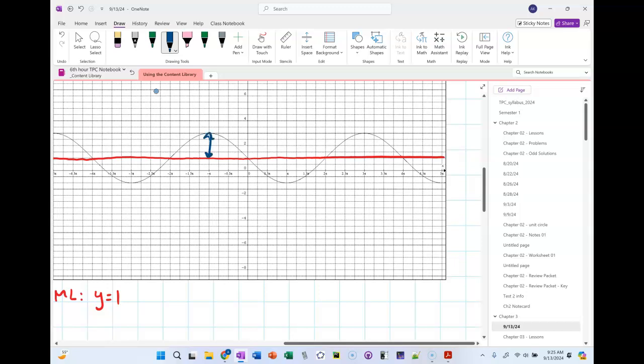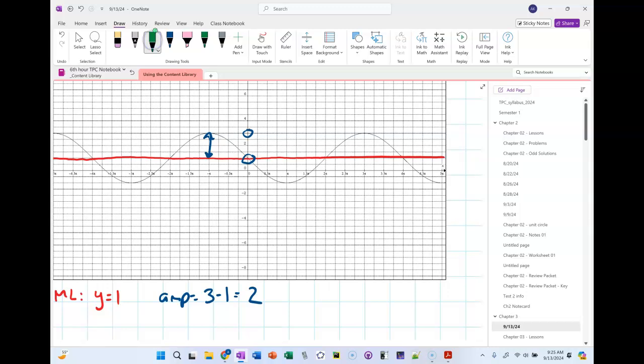So we started at 1 and we end at, well, that's this spot between 2 and 4. That must be 3 then, right? So we went from 3 to 1. So that amplitude should be 2. And then for our period, that'll be our start.